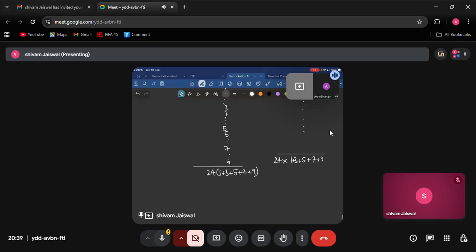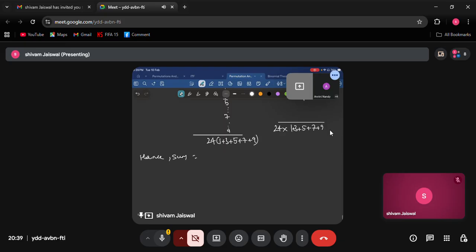So can I say the sum of all the numbers will be equal to 24 into (1 plus 3 plus 5 plus 7 plus 9) multiplied by 10 to the power 0 for the units place? For the tens place, it will be multiplied by 10 to the power 1.